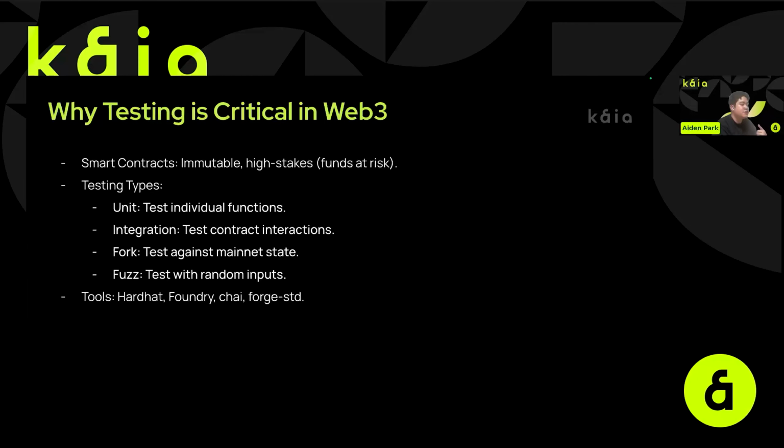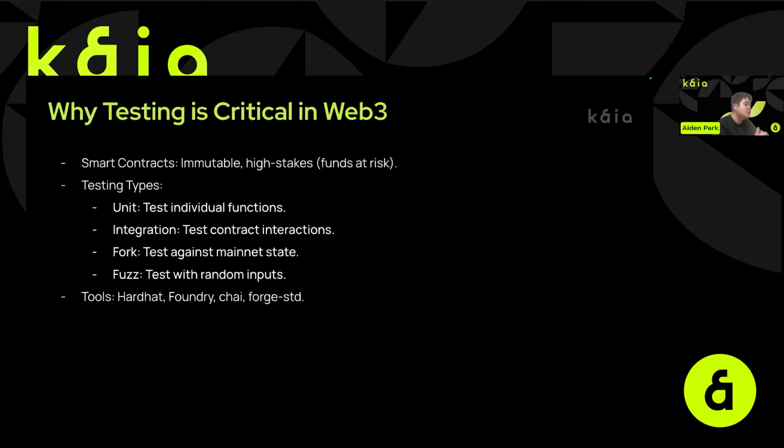As I mentioned in the last lesson, smart contracts are fundamentally immutable and high stakes, because usually they have large funds at risk.